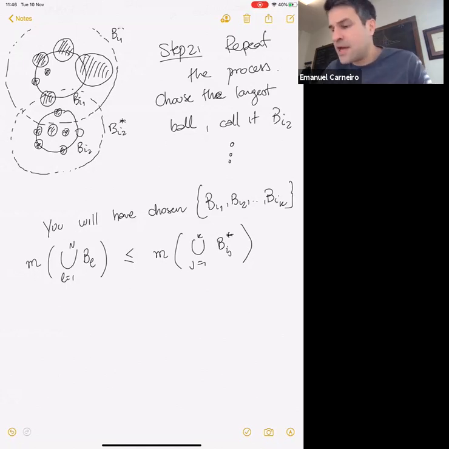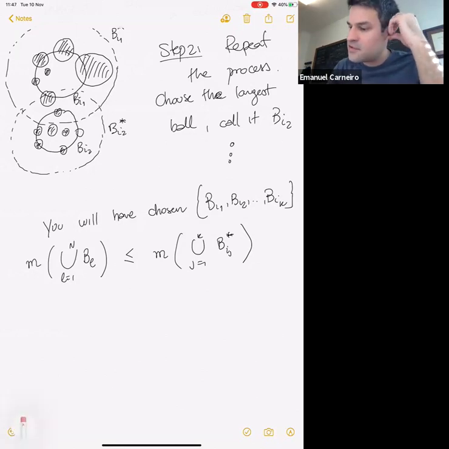Do you agree with that? If you have a ball that is not entirely contained in any of these BIJ stars, if the ball is outside, then it's not touching any of the balls that you chose, and hence your process has not yet stopped. Just argue by contradiction. If there is a ball BL that is not entirely contained in any of these, that has a little piece out, then the process is not over yet.